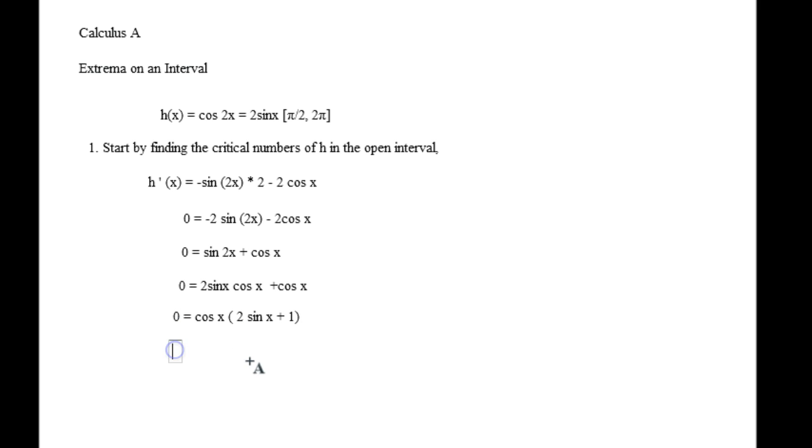So now I'm going to solve it. Cosine of x equals 0, and so x is probably going to be pi halves, well, no, not pi halves.